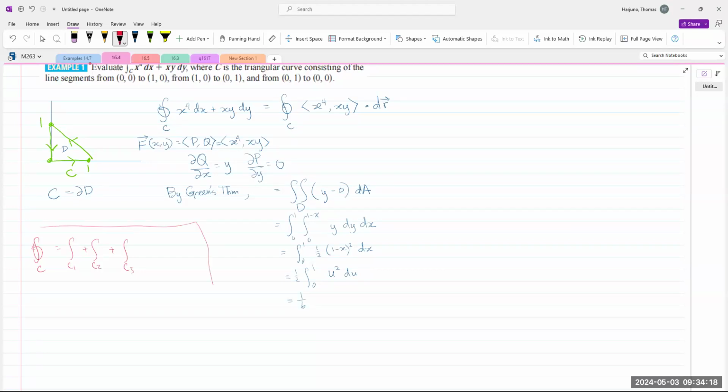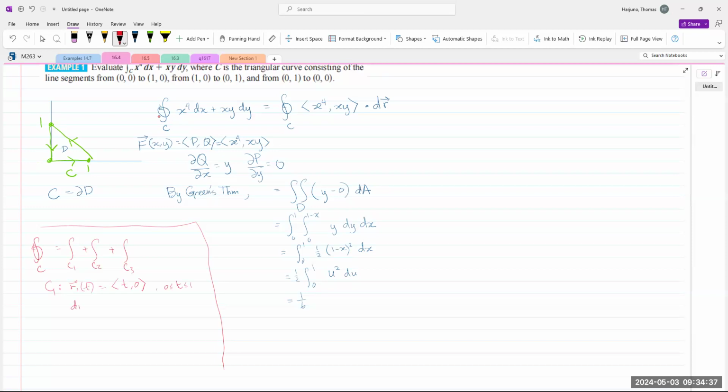Suppose you do it the long way without using Green's theorem. Then, for example, C1 will be parameterized by r1(t) equals (t, 0), where t goes from 0 to 1.